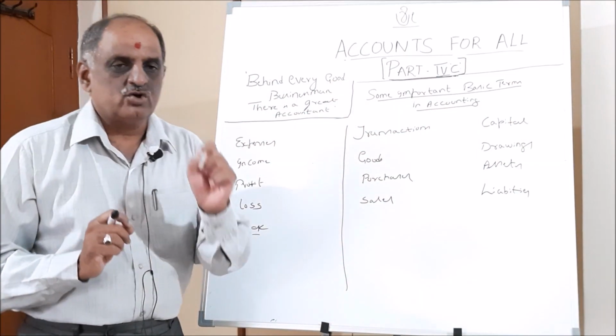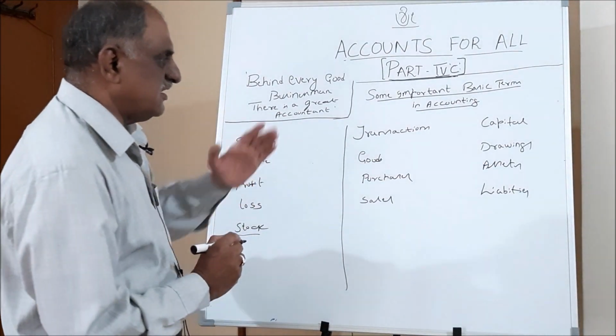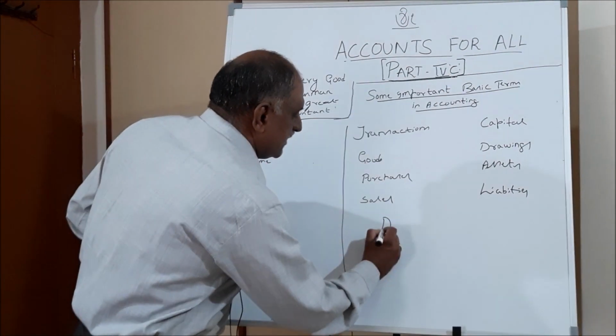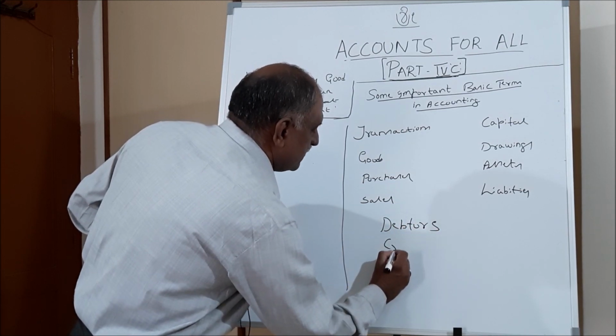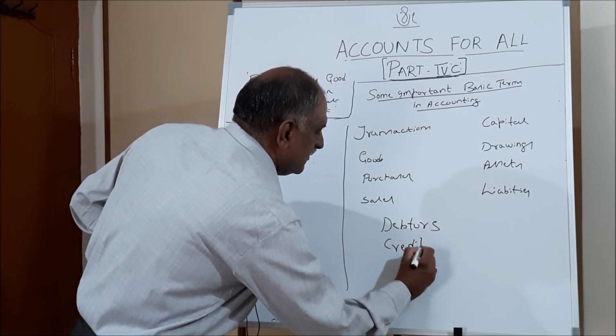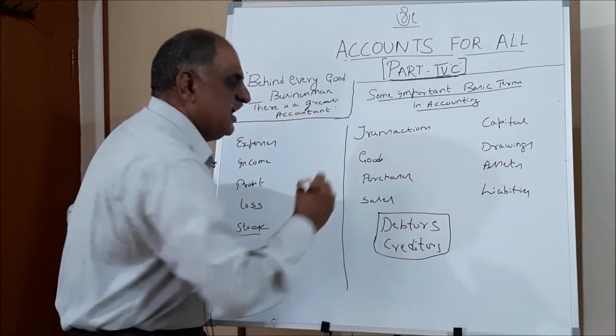Apart from that, two important factors are there in the transaction. One is debtors, which I have already explained. The other one is creditors. Why am I explaining this last?